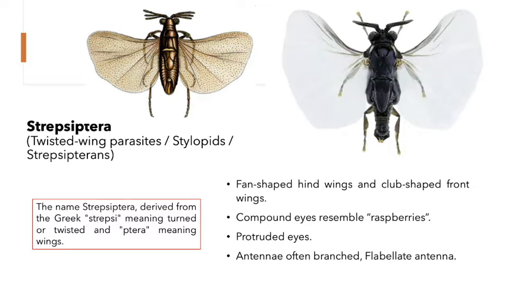Adult females are larviform endoparasites, and adult males are free-living, and their sole mission is to find and fertilize a female. They have reduced forewings, fan-shaped hind wings, branched antennae, and raspberry-like eyes, unique among living insects, and somewhat similar to the eyes of trilobites.